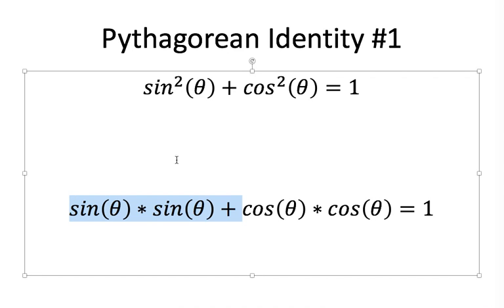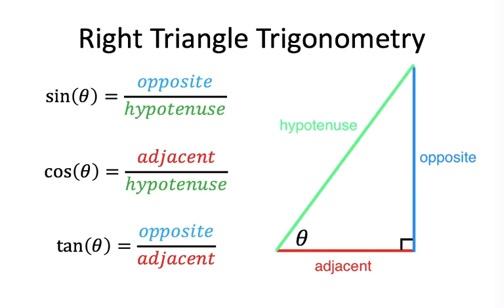All right, so how can we prove that sine of theta squared plus cosine of theta squared is equal to 1? Before we get into that, let's quickly review trigonometry in a triangle. So the original way we defined sine was in a right triangle.